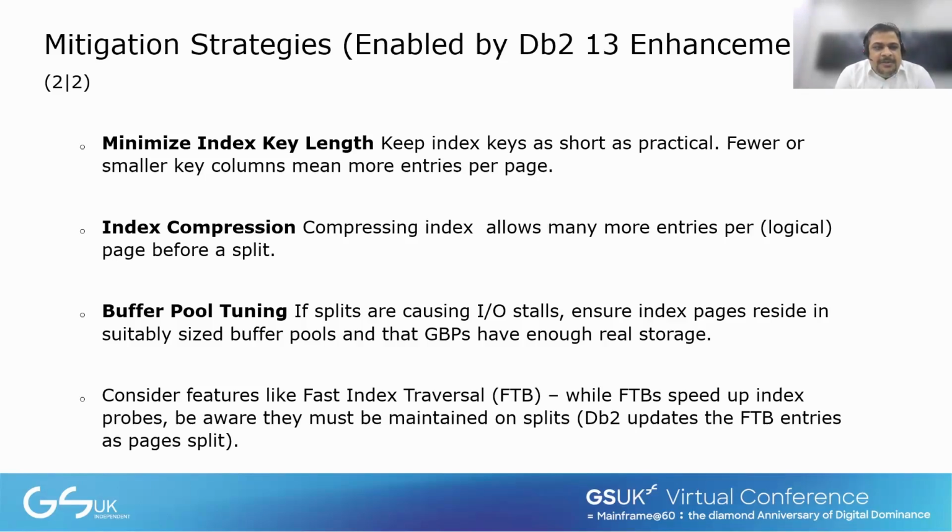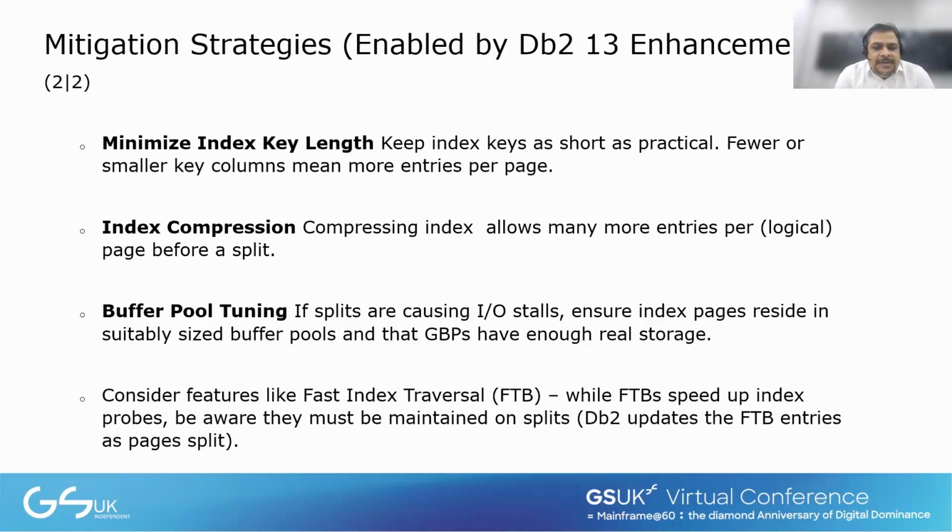If the splits are causing some IO stalls, ensure that the buffer pools are suitably sized and tuned, and that the GBPs have real storage. So make your buffer pool tuning strategy and work on it. It will help. You might have heard about fast traversal blocks, or fast index traversals, FTBs.